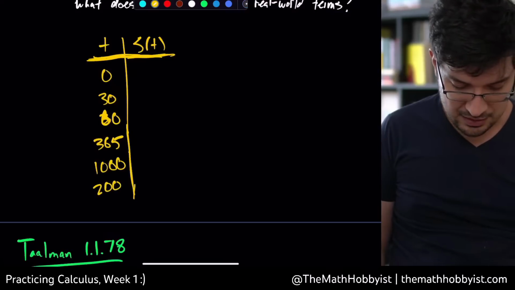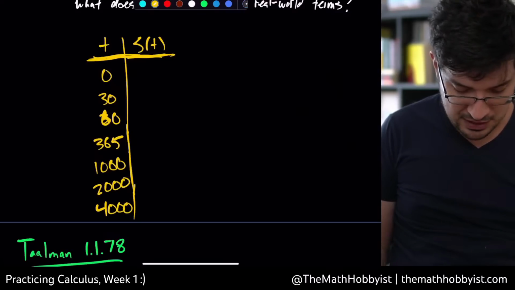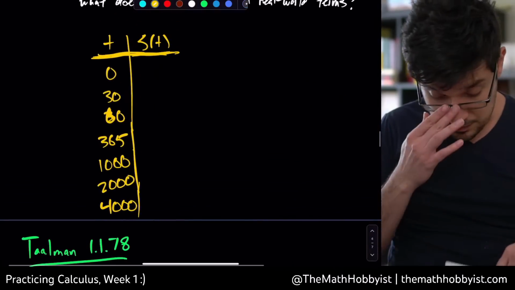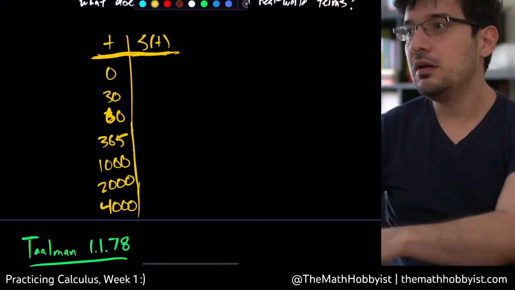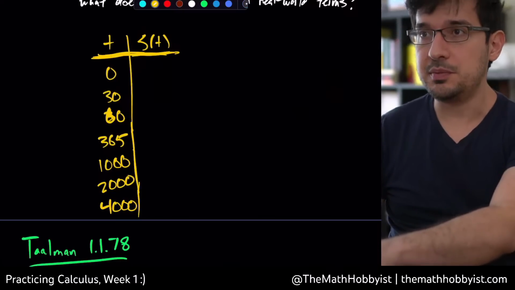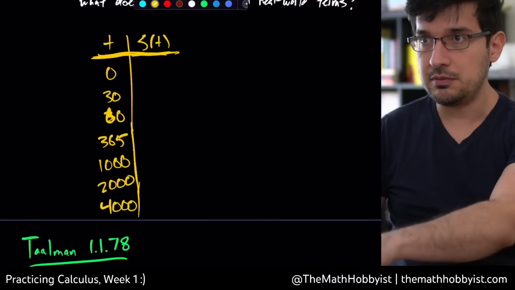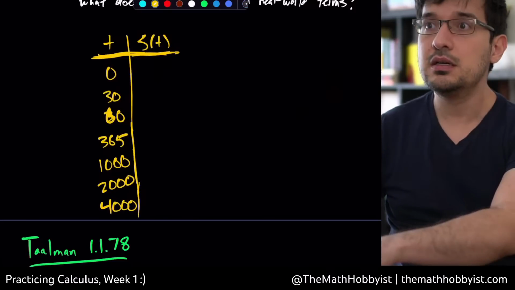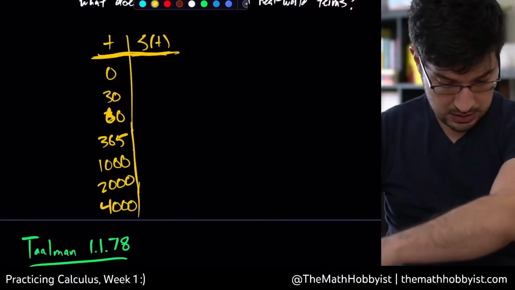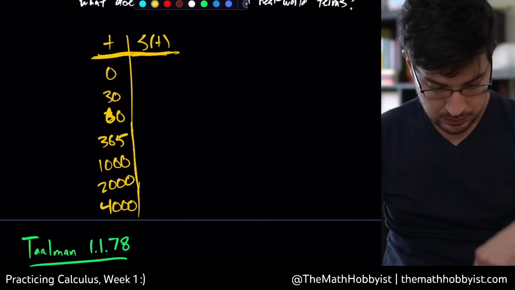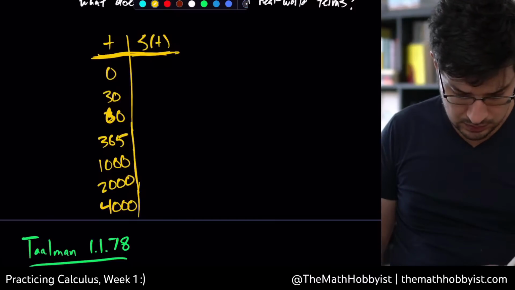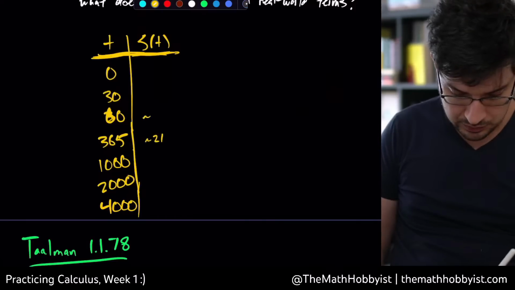Let's find that number of days, that number of days, that number of days. And let's ask ChatGPT. Sorry, environment. Okay. This one was about 21.